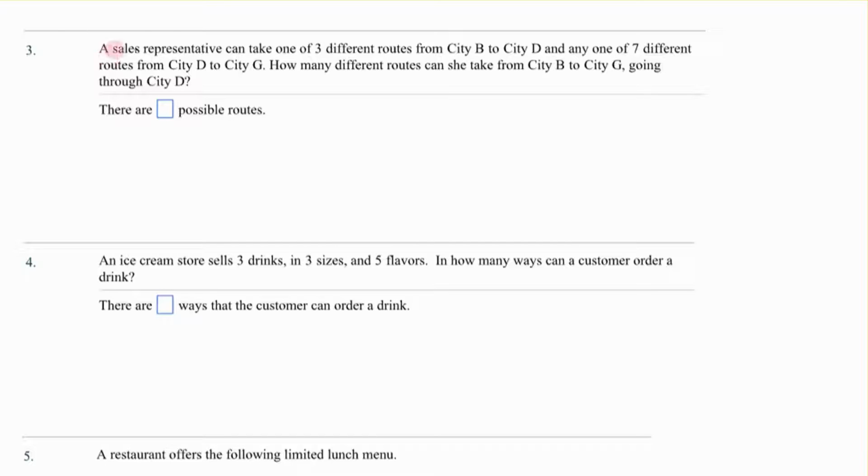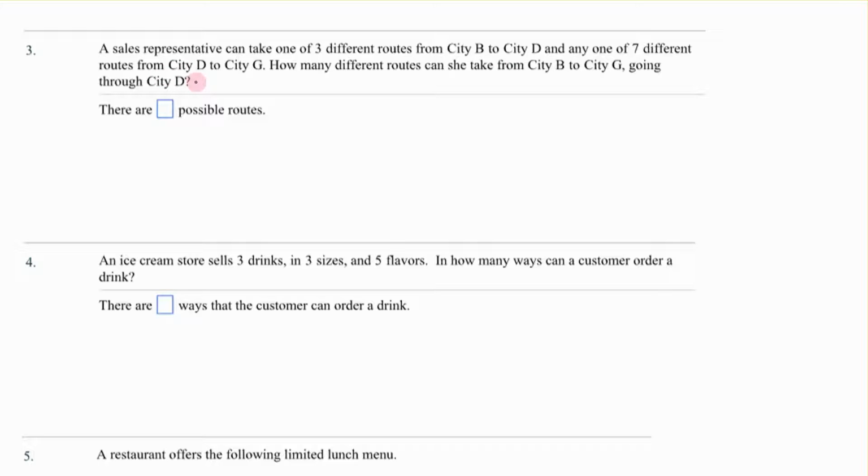A sales representative can take one of 3 different routes from city B to D, and any one of 7 different routes from D to G. How many different routes can she take from B to G going through D?